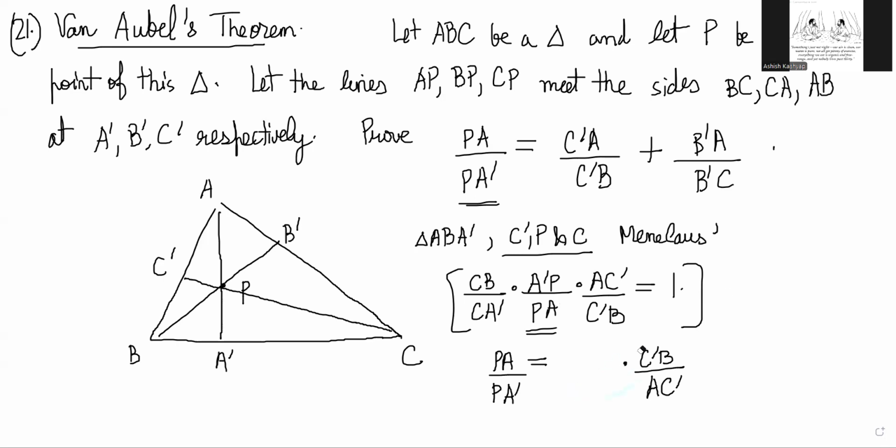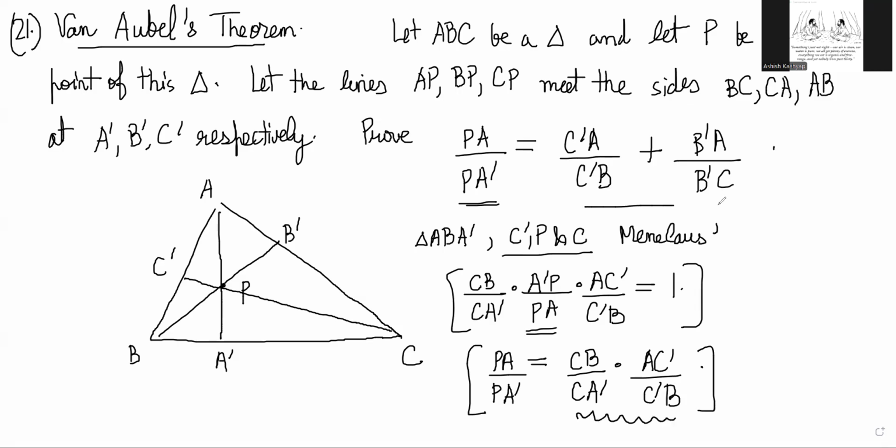So this will remain the same: CB by CA dash into AC dash by C dash B. Okay, so we know at least this much. We need to prove now this is the same as this.